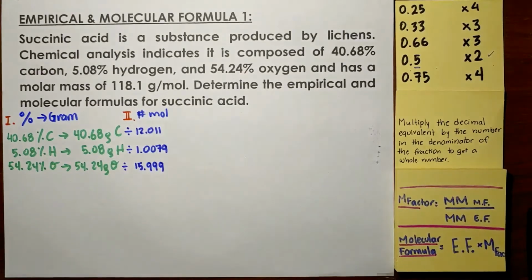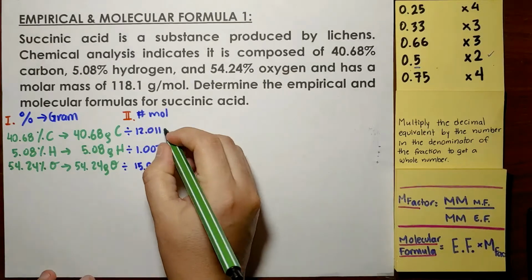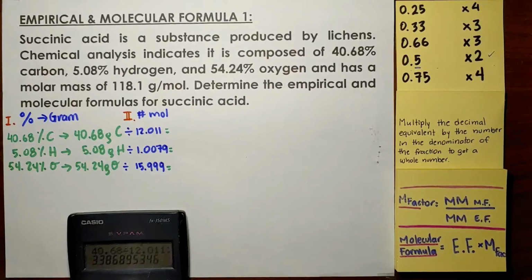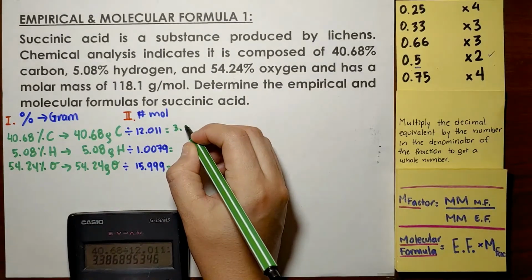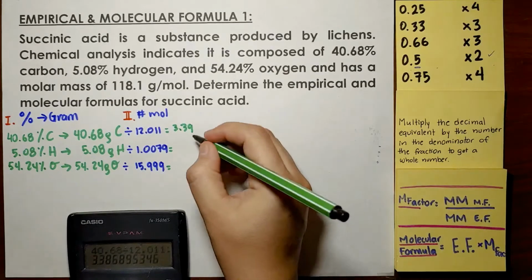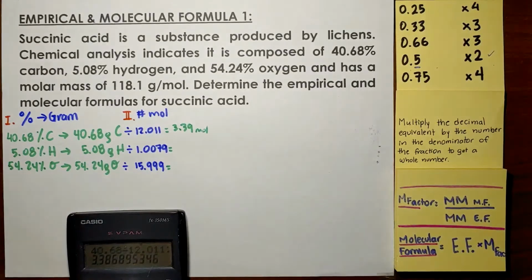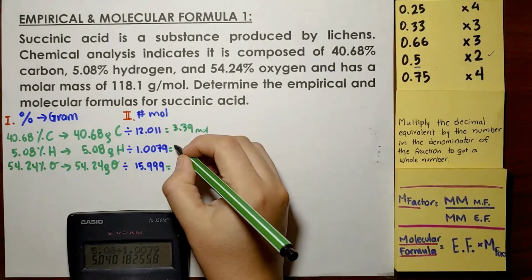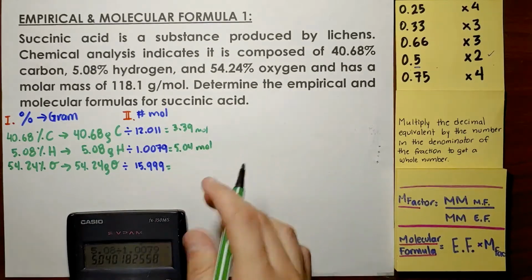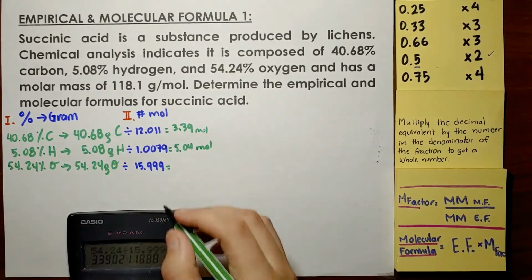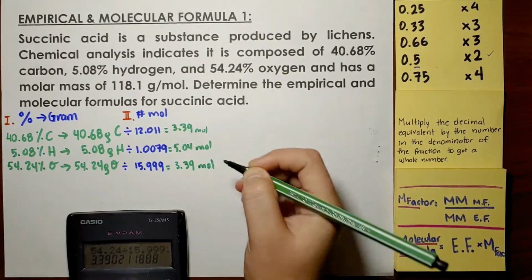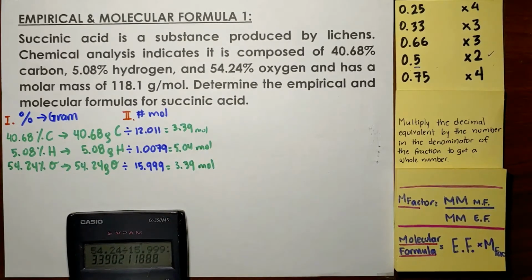This will give you the number of moles. How much will you get? I got 3.39 moles of carbon, 5.04 moles of hydrogen, and 3.39 moles of oxygen. Now, what comes next?